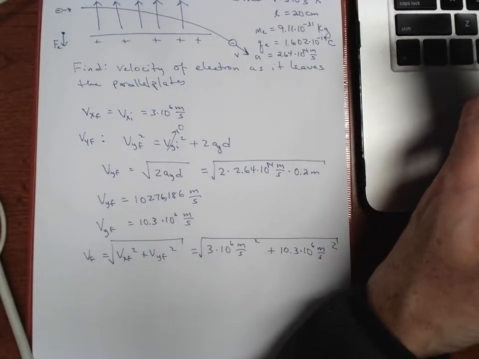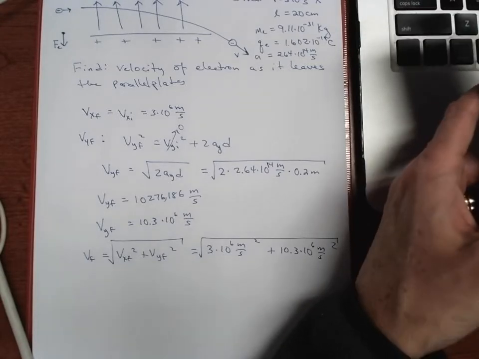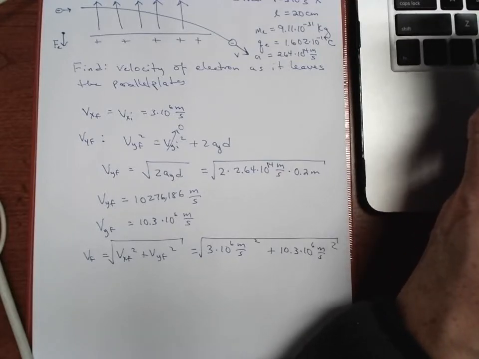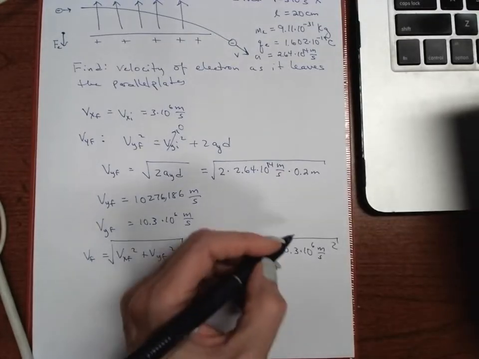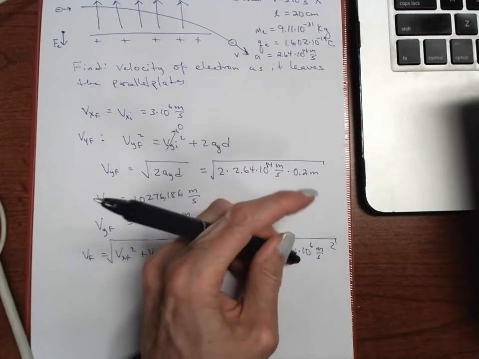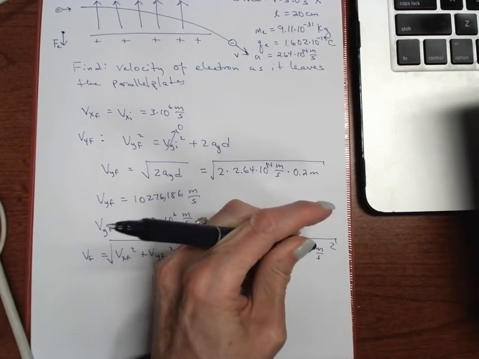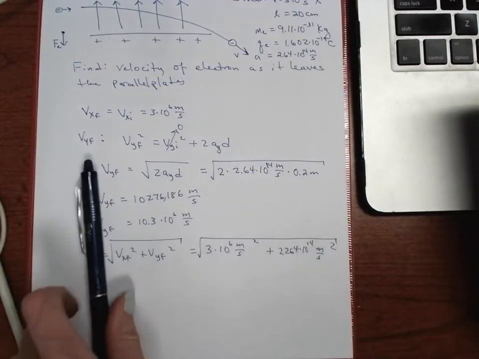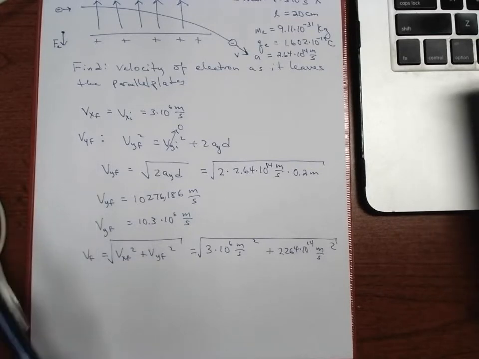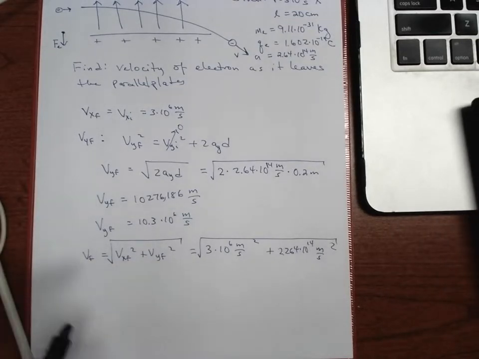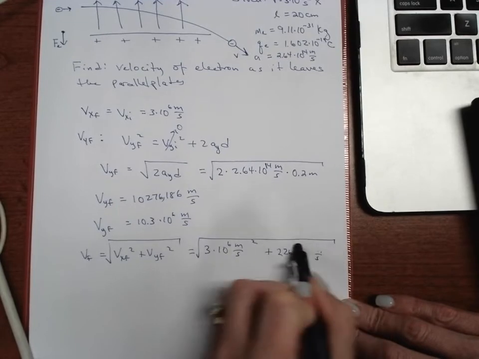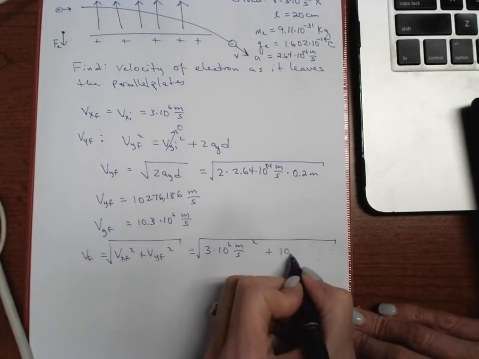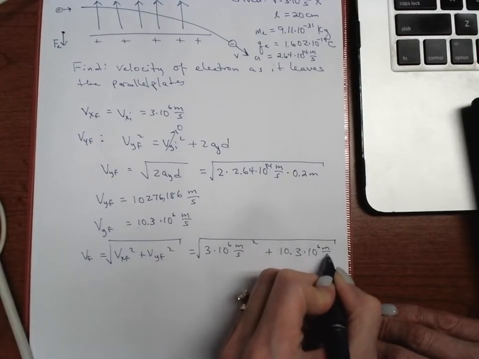I wrote this wrong at first, but this is the number I'm looking for, 10.3 times 10 to the 6th meters per second.